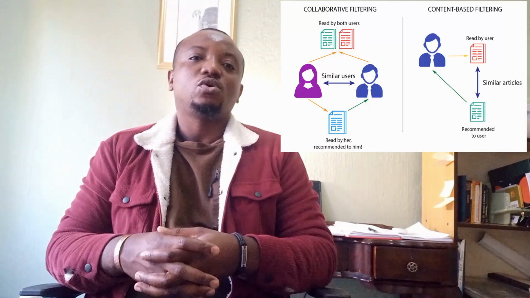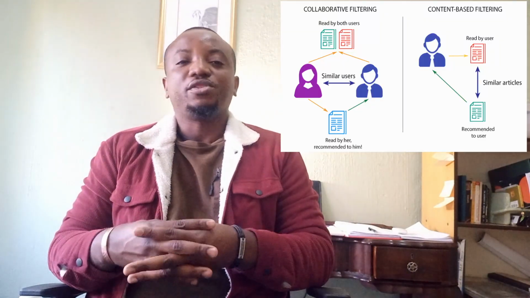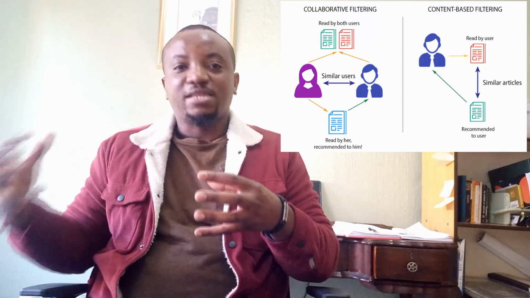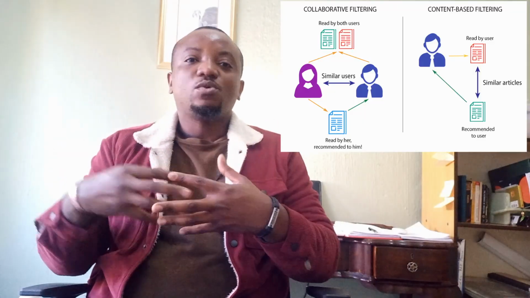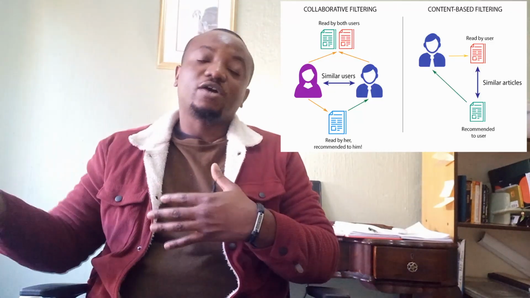They've watched what I've watched. Because of that, what they haven't watched, you recommend to me, because we fall in the same demographic. So you're using all the things that I like and they like, what's similar. Then what they've liked but I haven't watched, you recommend to me. That's collaborative filtering. These are primarily the two main types of recommendation models.